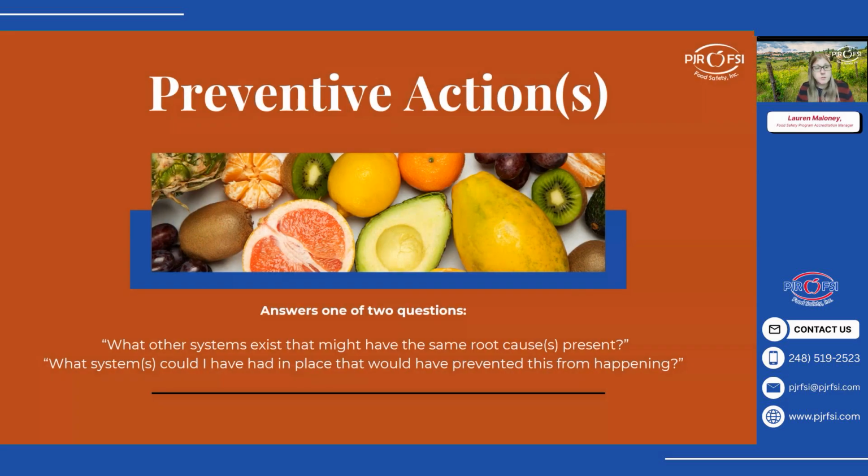So one of the things we haven't talked about yet is preventative action. It is looking at what other systems exist that might have the same root cause present, and what system I could have put in place to prevent this from happening.